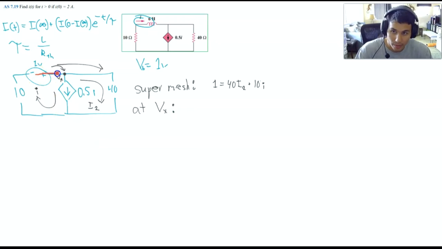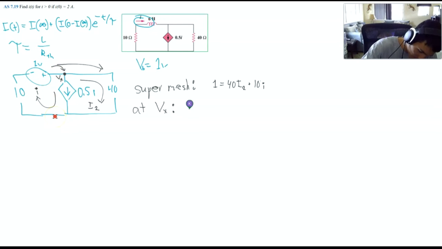Well, we have i going into it, and then down below it is the 0.5i. By the way, it's not I1, I don't know why I keep saying I1. It's i. And then we got I2 coming out.